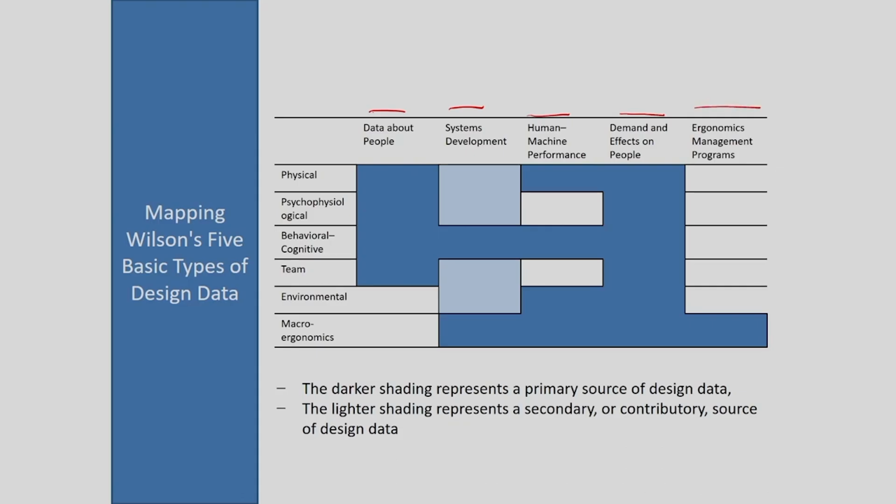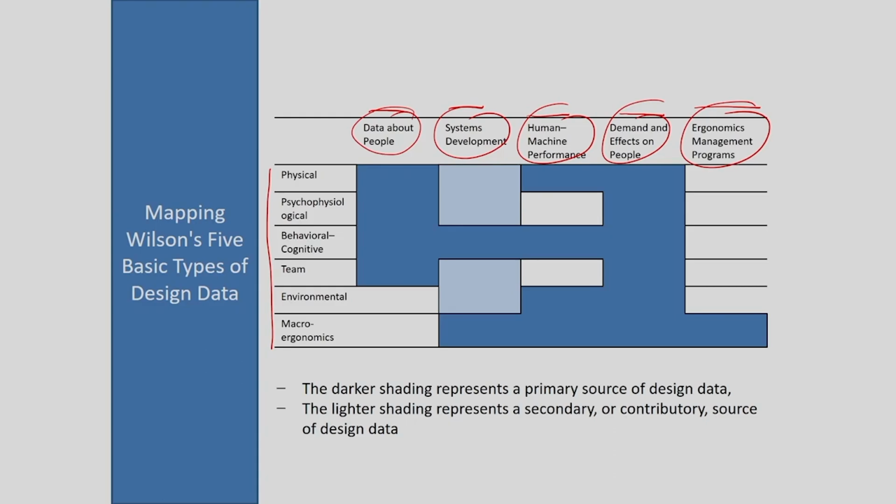If your study objectives fall in any one of these categories, then how do you choose tools, techniques or methods to evaluate or get the results? They also have categories of tools available: physical, psychophysiological, cognitive or behavioral, team, environmental and macro ergonomics.